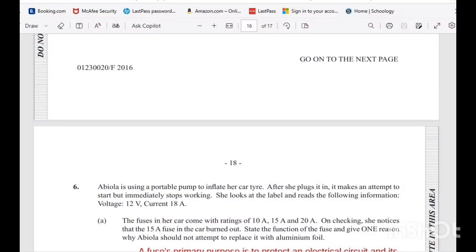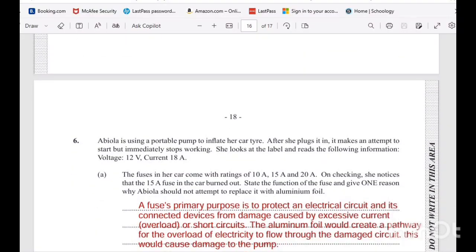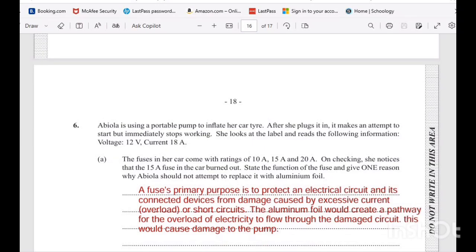State the function of the fuse and give one reason why Abiola should not attempt to replace it with aluminum foil. So what is a fuse? That's basically what it's asking you, and one reason why she should not use a piece of aluminum foil to fix the fuse. Now, a fuse's main purpose is to protect an electrical circuit and its connected devices from damage caused by excessive current, or an overload.